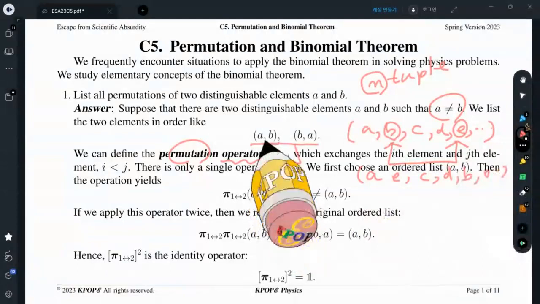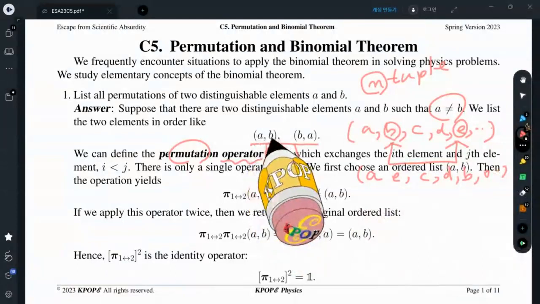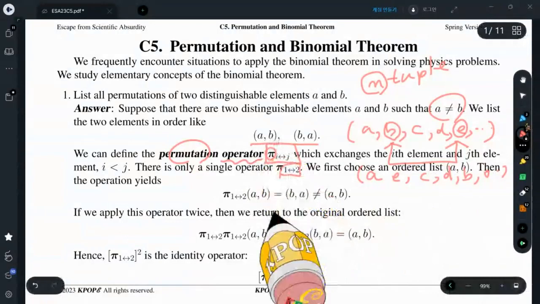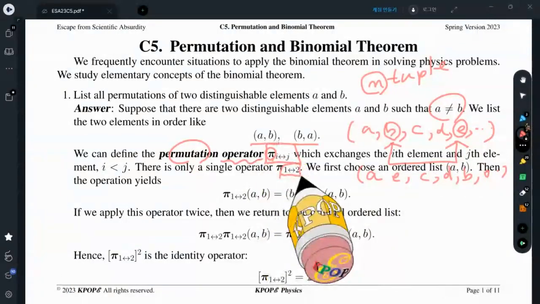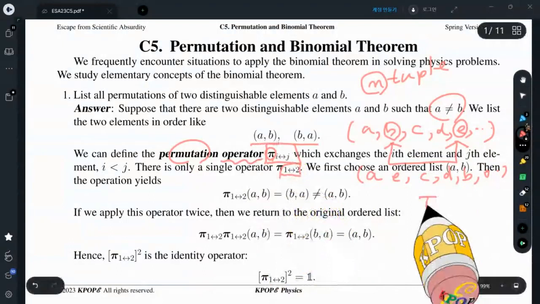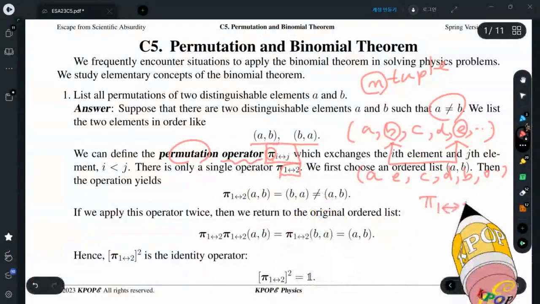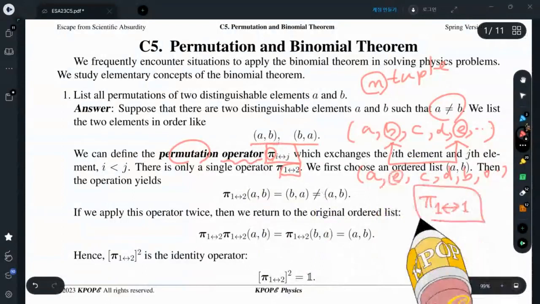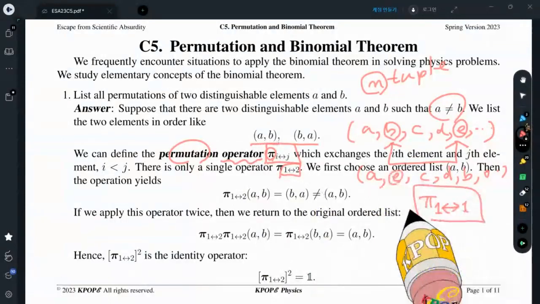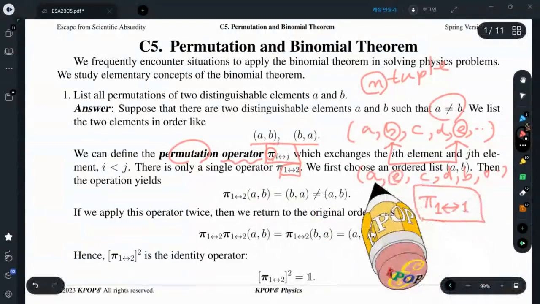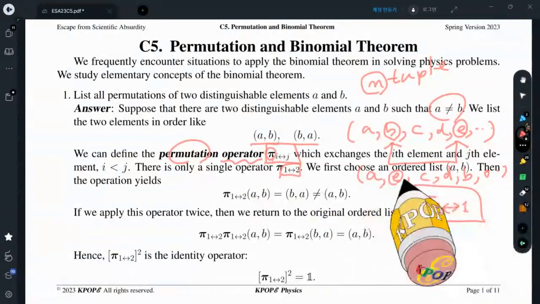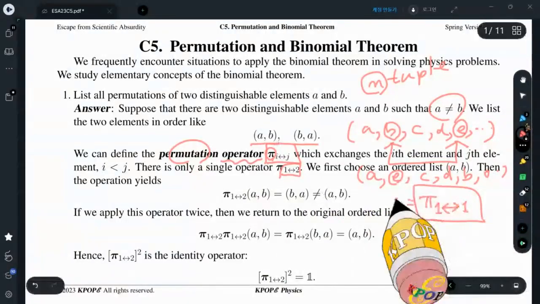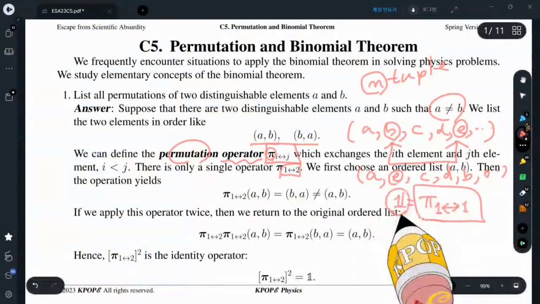Because we have a first and second element only, the only possible permutation is exchanging 1 and 2. Sure, you can try exchanging something with itself. That is an identity operation. It does not affect anything, there is no difference at all after applying this. So this is nothing but an identity operation.